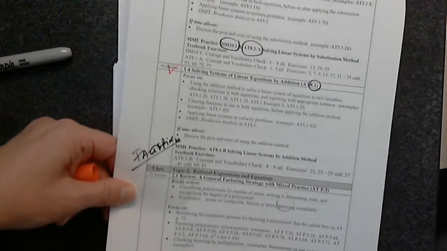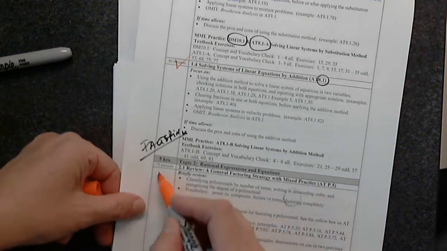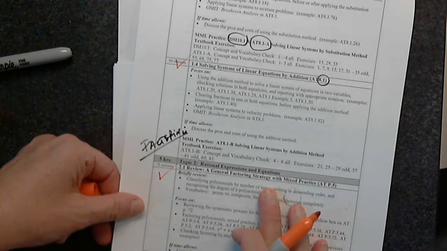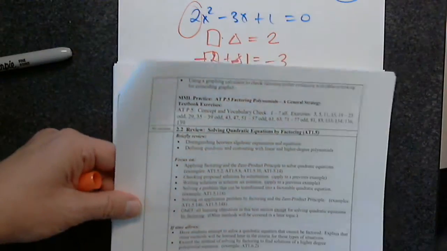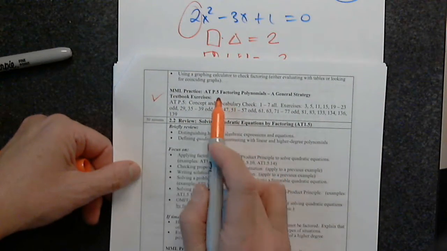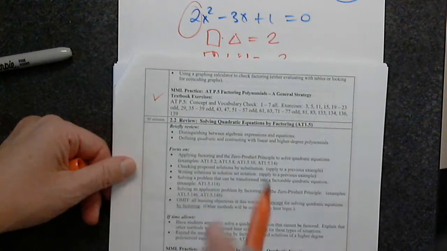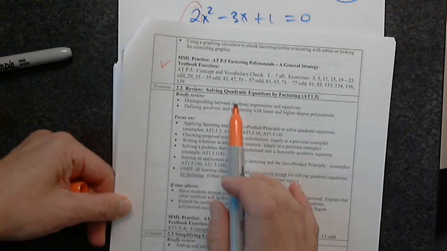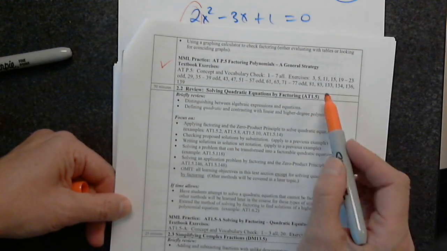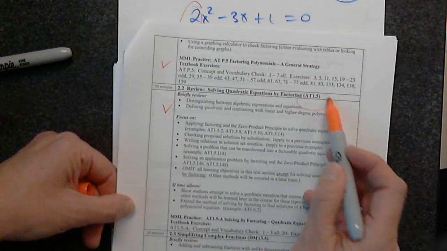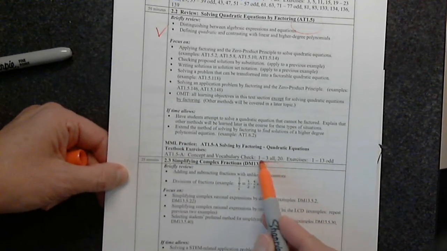The elimination method. The general strategy. We worked for more than 2 hours on this. That's covered. We did P.5, covered. We picked problems from there. Solving quadratic equations by factoring 1.5, done. We just picked several problems from 1 through 13.